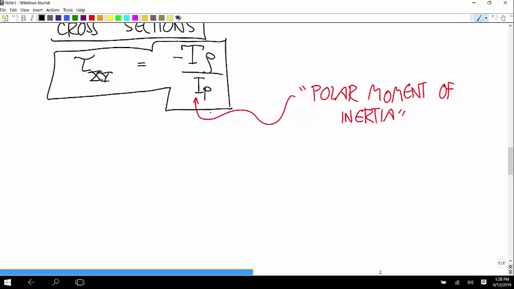A positive torque corresponds to a negative xy. This rho is a variable that's multiplied to it, and this p is a subscript. Okay, so polar moment of inertia.